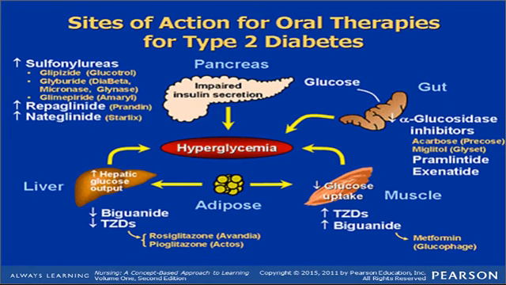So your second generation sulfonylureas, they are glimepiride, glipizide, and glyburide. They stimulate insulin release from the beta cells. They also can increase the binding with the insulin and increase the number of insulin receptors. It's given right before the meals.